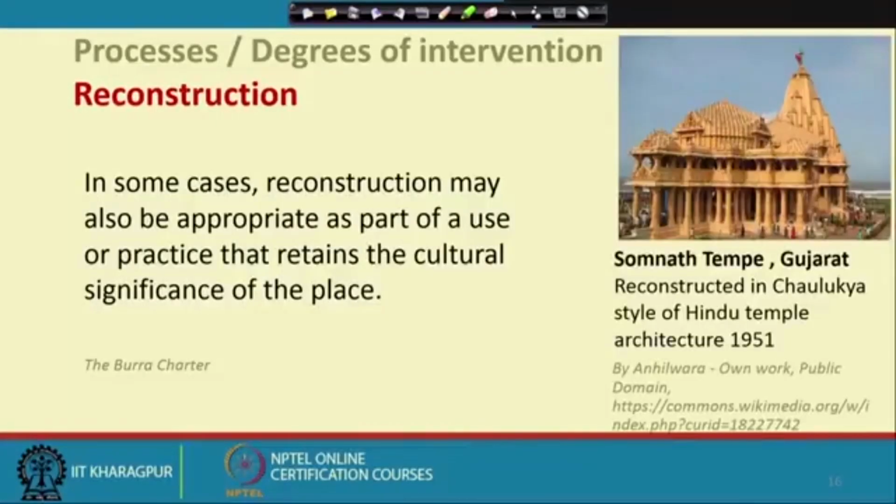Now, a very well known example is the Somnath temple in Gujarat. It has been destroyed many times over history and was reconstructed in the Chalukya style of Hindu temple in 1951. And there is a lot of controversy around this, about what was actually there, but anyway there was a decision because of its spiritual or religious significance.